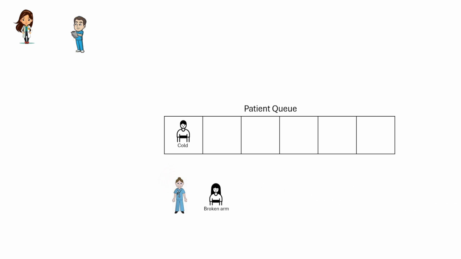Then along comes Jill and she's got a broken arm. Well, clearly a broken arm is a much higher priority than Bill's cold. So the admissions nurse puts her to the front of the queue and again sends a signal to the doctor and her nurse. And they then, when they finished their sentence, they then check the queue and they go, oh, a broken arm. That's definitely more important than what we're doing right now.